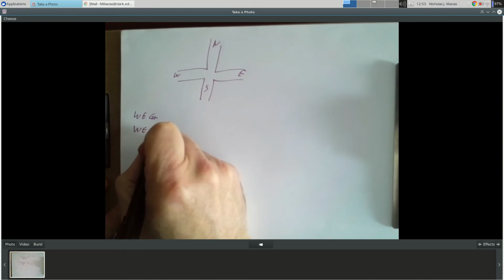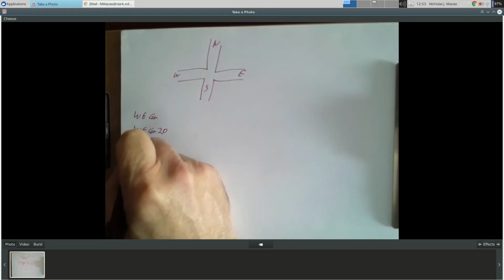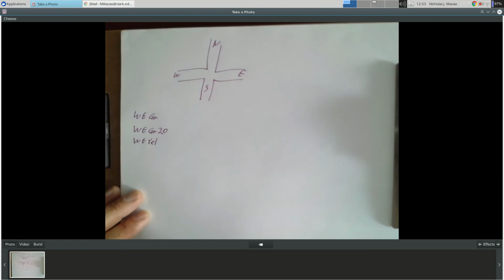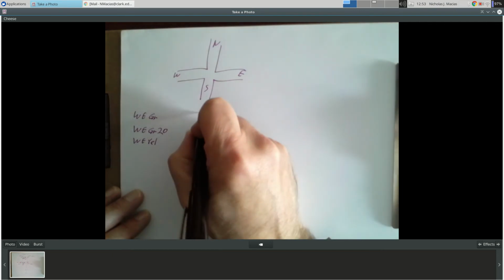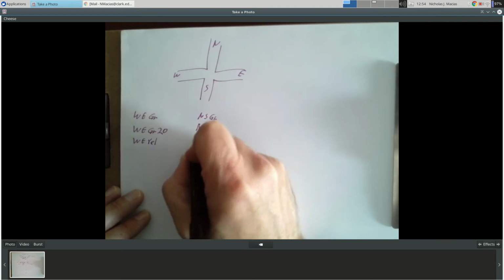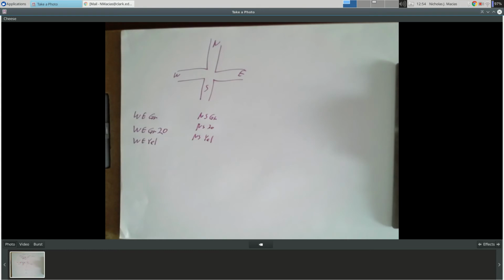West-east green 20 means that west-east has been green for at least 20 seconds. West-east yellow means west-east is yellow. And then north-south green, north-south 20, north-south yellow, same meanings as for west-east.